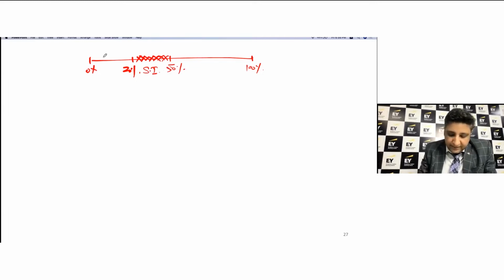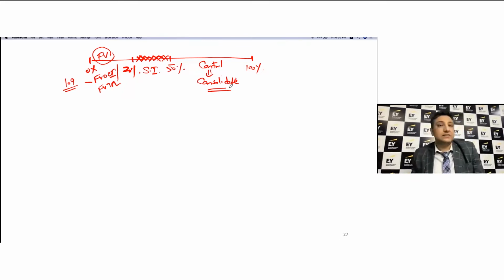Anything before that, we use fair value accounting, maybe FVOCI or FVTPL, which is Ind AS 109. And the moment I look at anything more than 50%, we say there's a control, and the moment the word control comes, we say it is consolidated. What you control is what you consolidate.